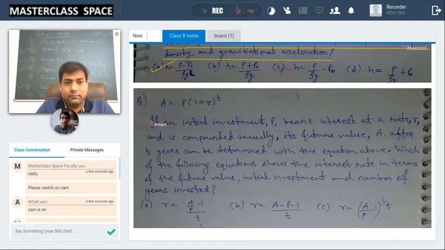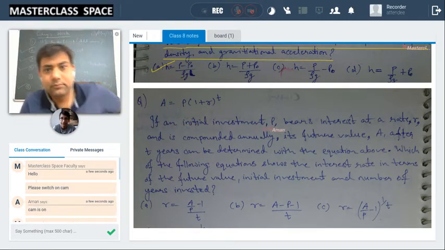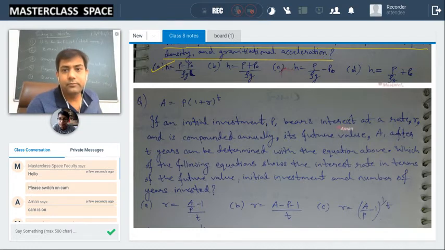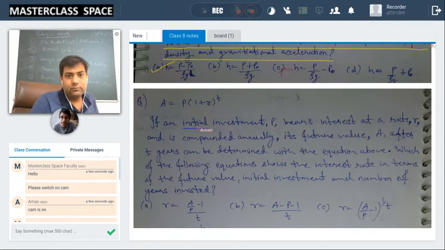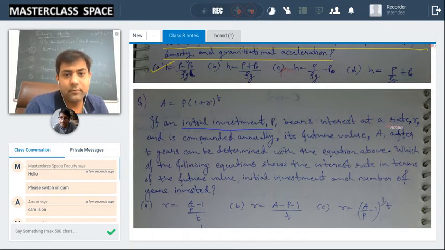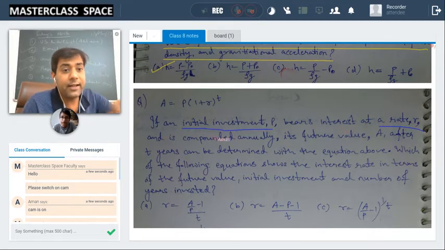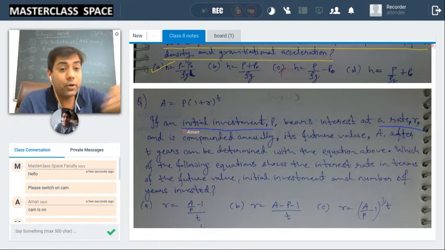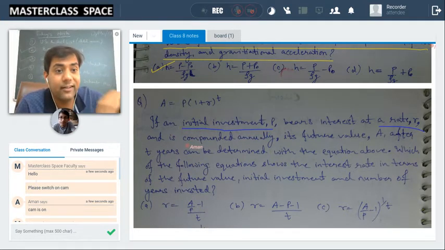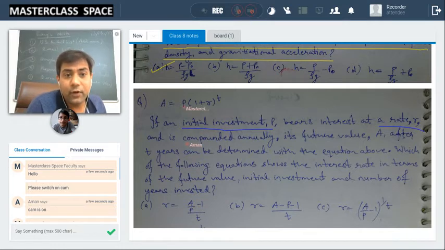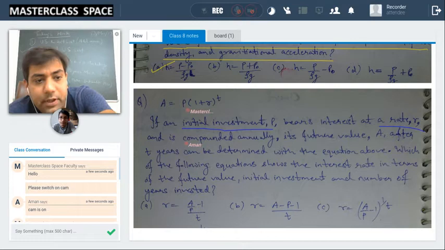Okay. If an initial investment P bears interest at rate R, and underline compound, the important thing. That's how you have to, because you cannot go on reading the question again and again.